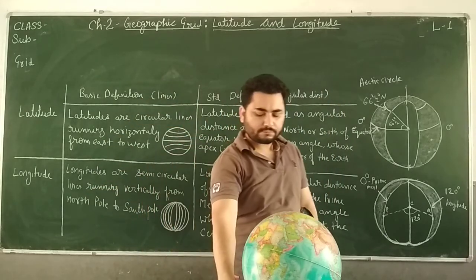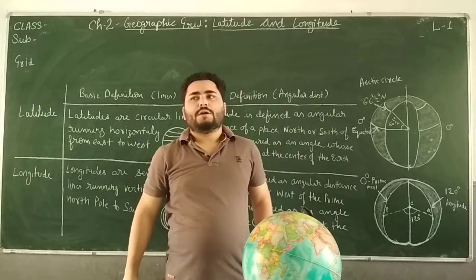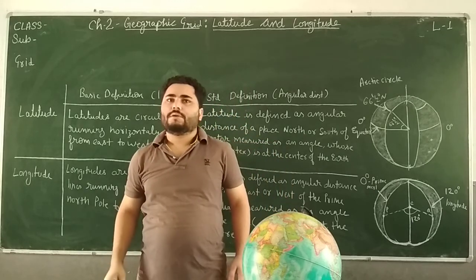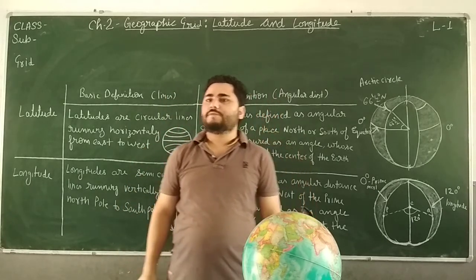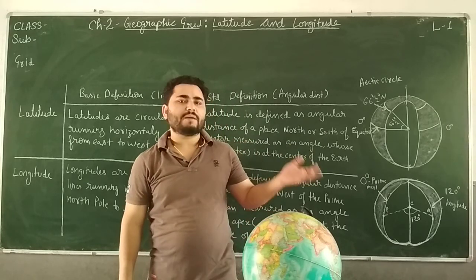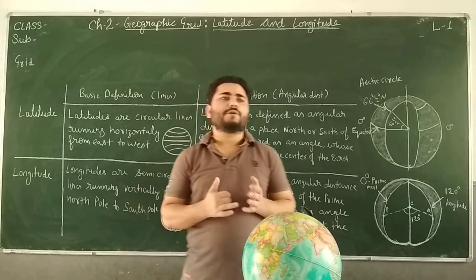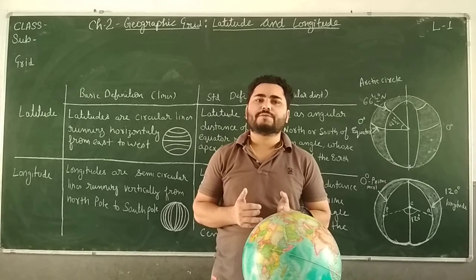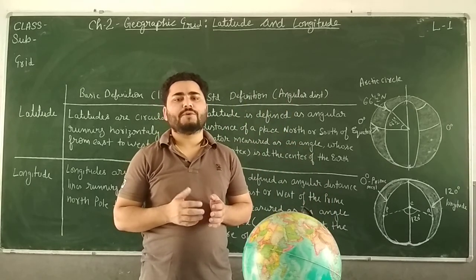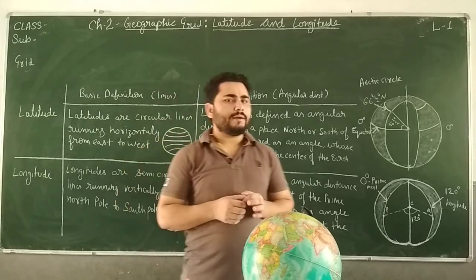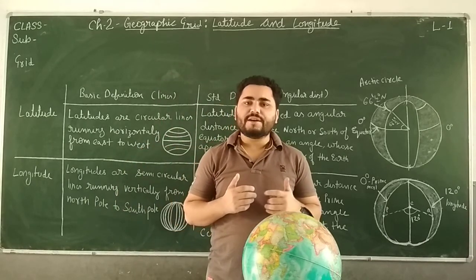Now, dear students, you must be wondering why we are studying longitudes and latitudes first. See, longitudes and latitudes are very useful for locating a place and for finding the distance of a place on earth. Now the second thing: are these lines really drawn on the earth?